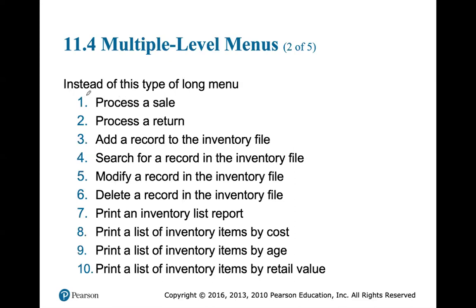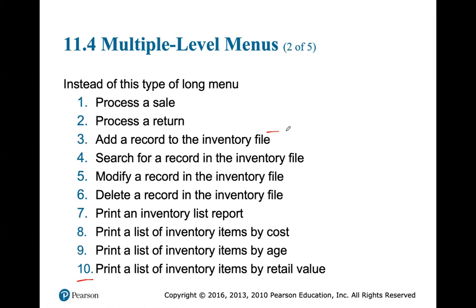So as you can see here, we have a long menu of 10 options for the user to choose from. And there are many different ones, such as process a sale, process a return, add a record to the inventory file. But there is a way for us to group all of these together.